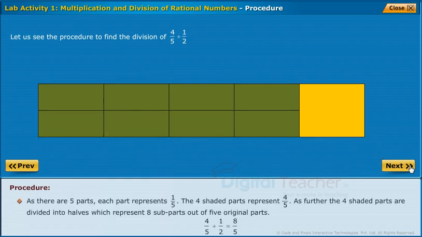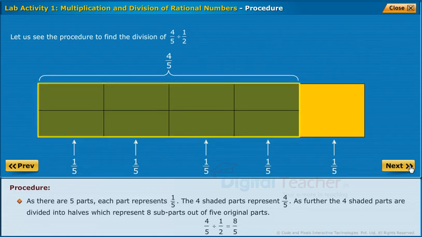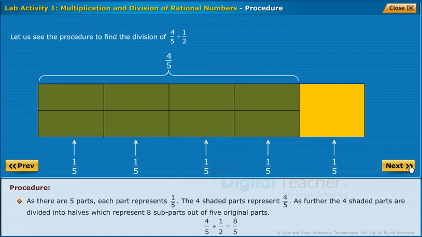As there are 5 parts, each part represents 1/5. The 4 shaded parts represent 4/5. Further, the 4 shaded parts are divided into halves, which represent 8 subparts out of 5 original parts. That is, 4/5 divided by 1/2 is equal to 8/5.